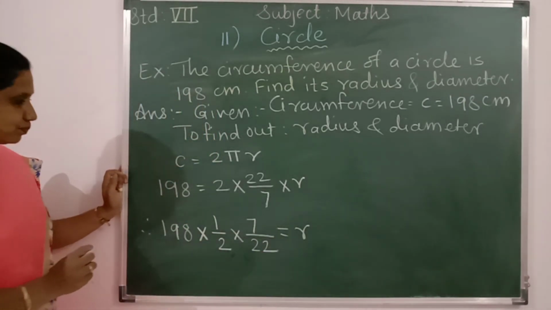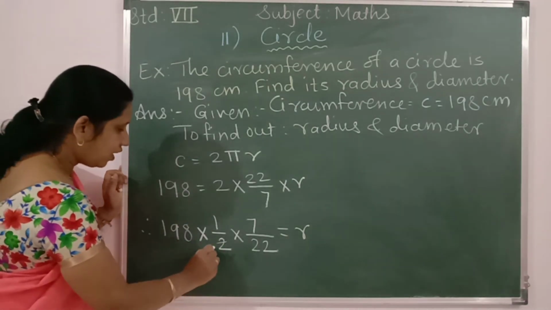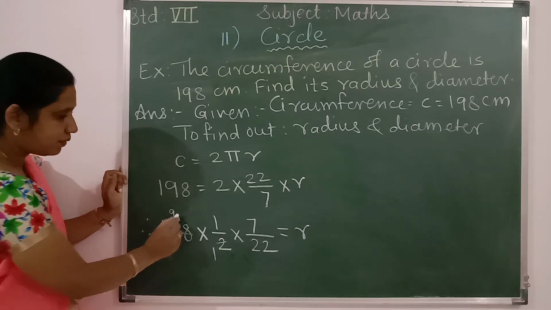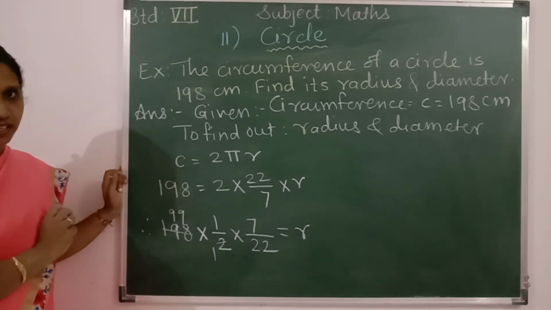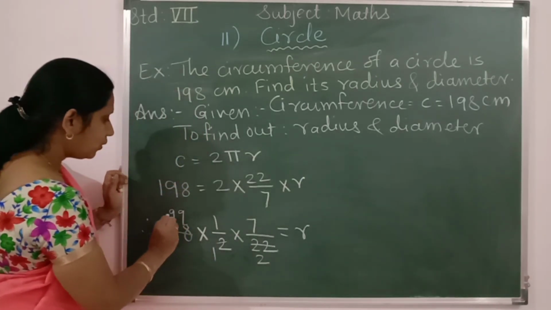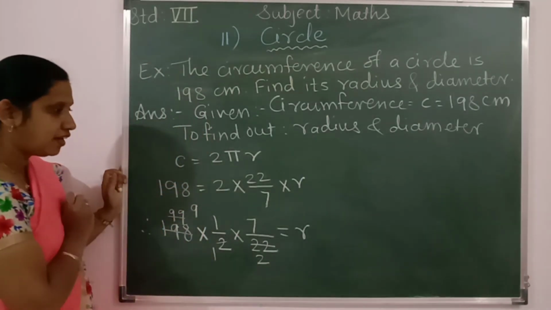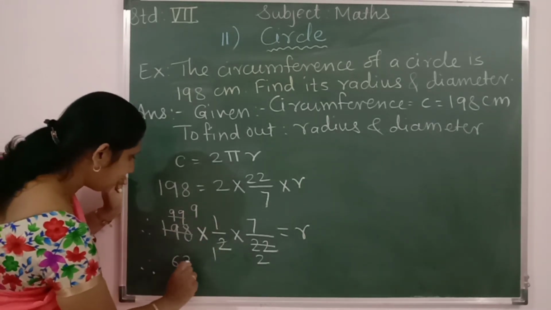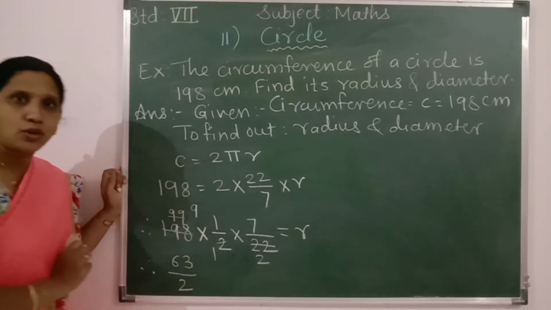Fine. Now 2 ones are 2, 2 nines are 18. 1 remains again, 2 nines are 18. Fine. Now 11 twos are 22, 11 nines are 99. Is it clear? Therefore 9 sevens are 63 divided by 2.